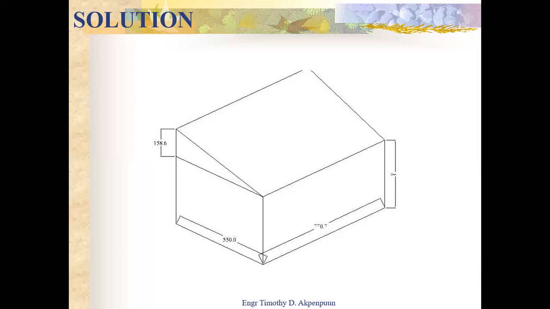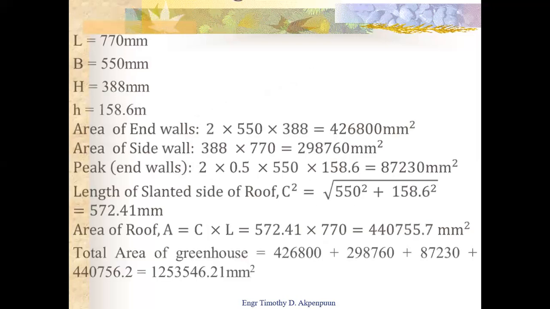What is the answer now? Area times height. What's the area times height of the roof? Someone should talk. 770. Are you not sure? 6.97 times 10 to the power 9.